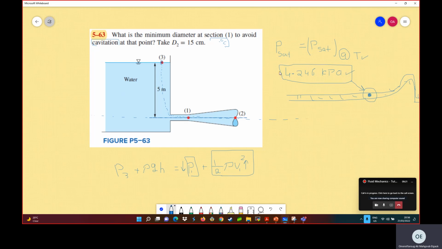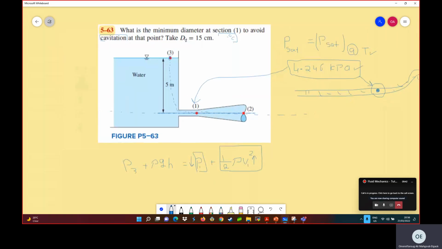So now you know that the cavitation pressure will occur here. You can substitute this pressure, assuming that cavitation will occur. Cavitation, maybe it will occur, maybe not. If you substitute this cavitation pressure here, it means that you are on the verge of cavitation happening, or cavitation just occurred. Because you want the diameter that will cause cavitation, or in other words, the minimum diameter to avoid cavitation.